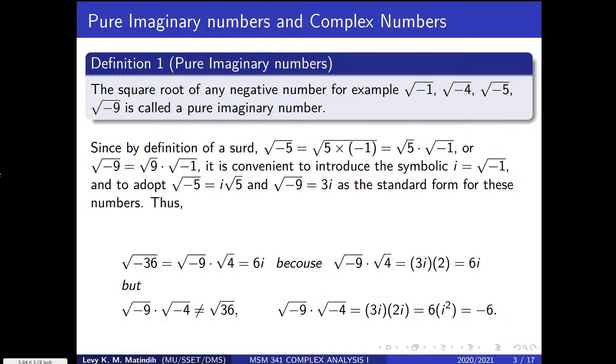But always remember that the square root of negative 9 times the square root of negative 4 is not the same as the square root of 36. The reason is that the square root of negative 9 times the square root of negative 4 is equal to 3 times i, then the square root of negative 4 is 2 times i. Remember, i is the square root of negative 1. As such, this gives us 6 times i squared.